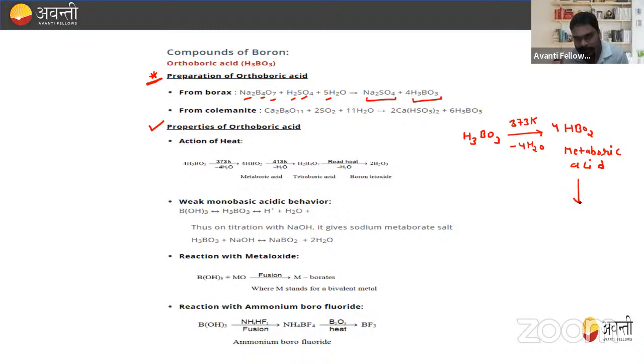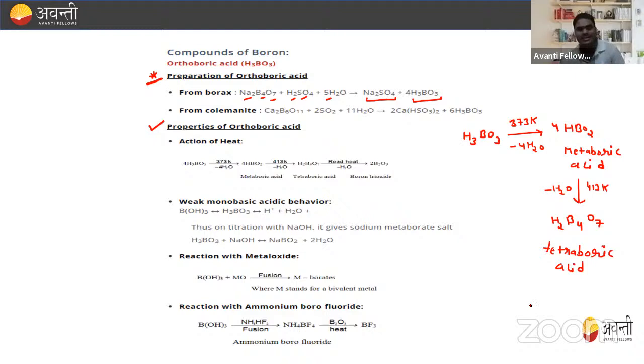Again, when it is heated to 413 Kelvin, with a further increase in temperature, another water molecule is released and it will convert into H2B4O7.